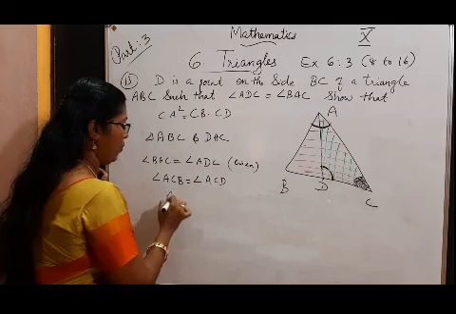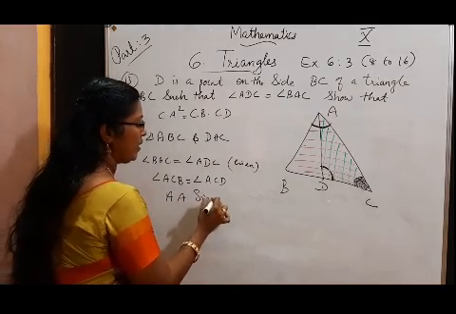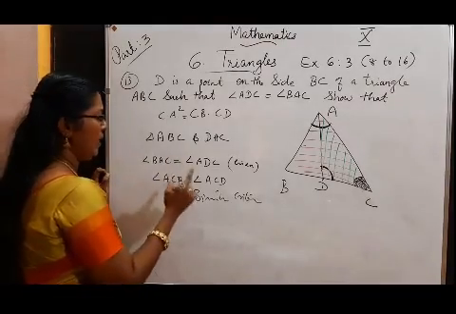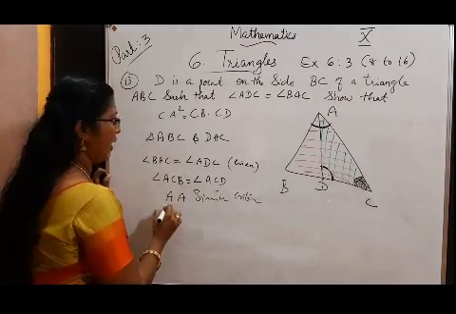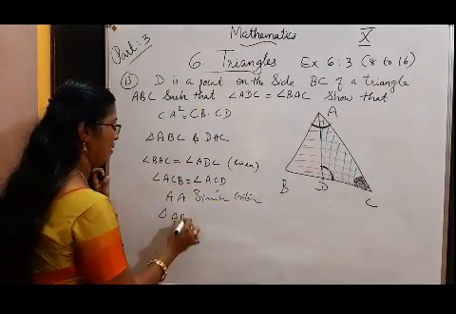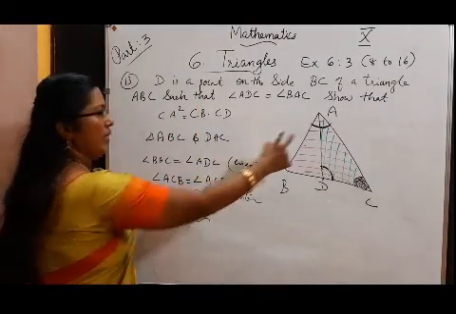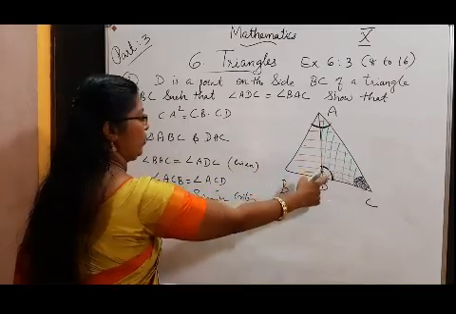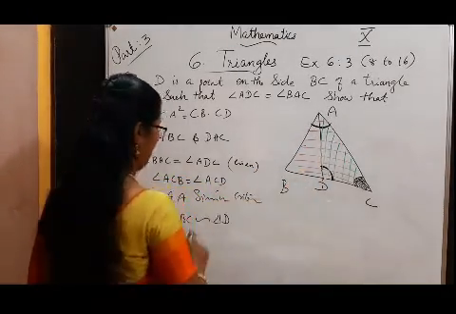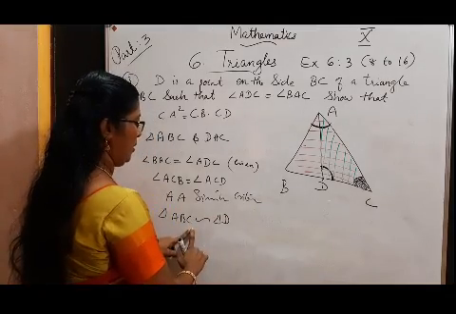So we can conclude by AA similarity criterion, triangle ABC is similar to triangle DAC. Angle A equals angle D, and C is equal to C, common.